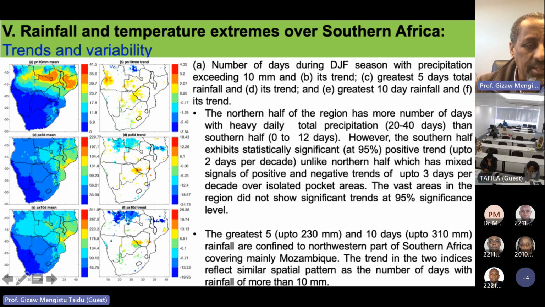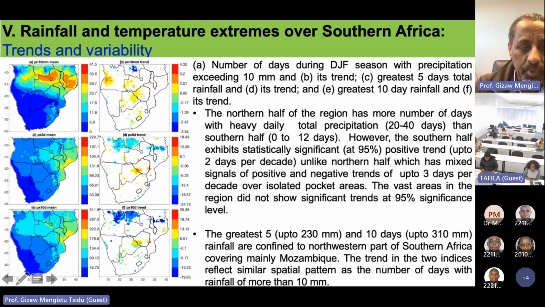For instance, in Namibia, only a few isolated places close to the coast show some change, a further decrease in the number of days with rainfall greater than 10 millimeters. Historically the mean is about 6 days, but even these 6 days are decreasing now, along the coastal areas of Namibia.